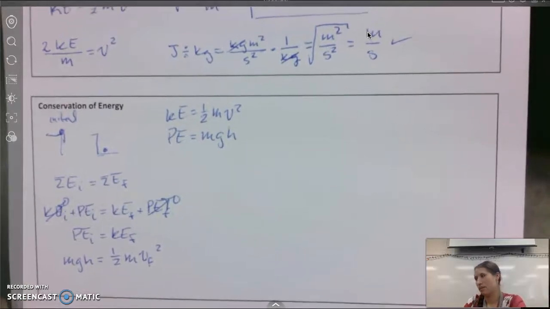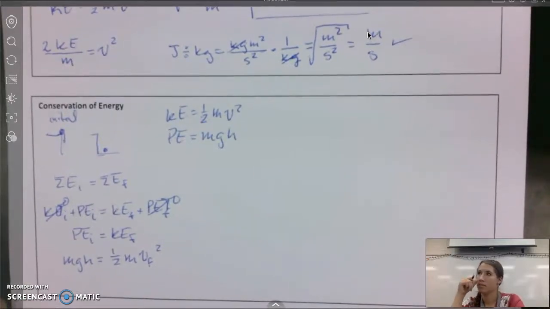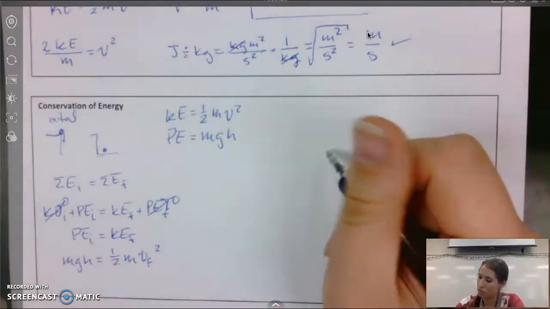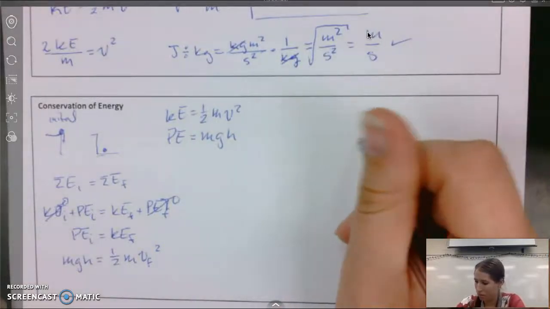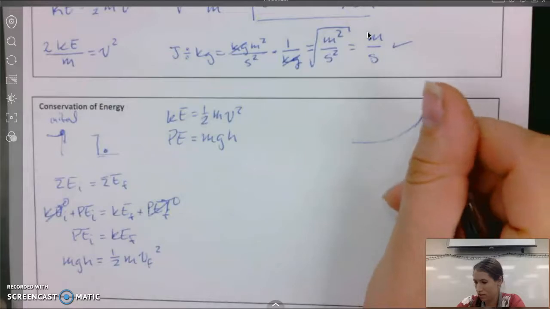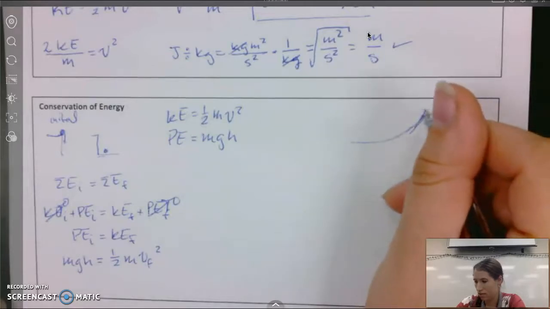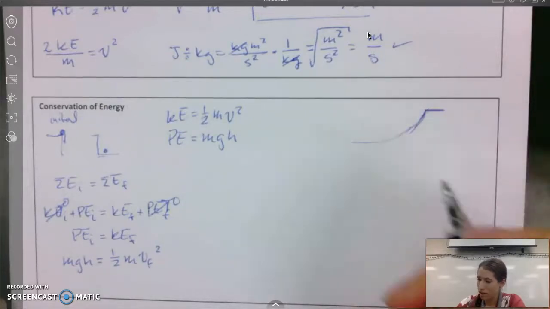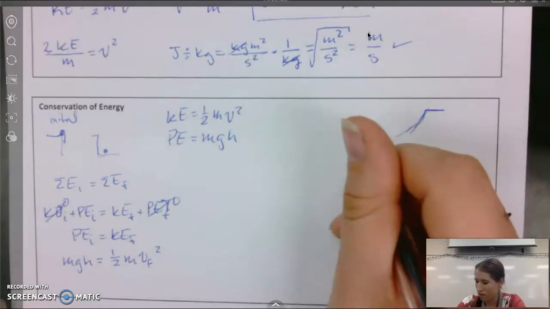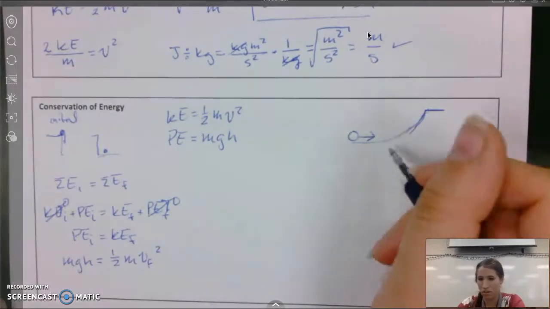Now let's think of another situation. What if we have a ramp? We have this ramp, and a ball that's starting at the bottom of the ramp, and it's going to have some initial velocity.